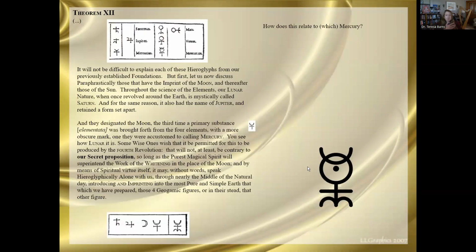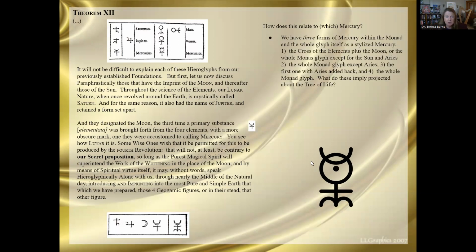Now, there are a bunch of Mercuries. So how does this relate to which Mercury? Because we've got 3 of them, and then we've got the whole monad. So basically we've got 4 of them. Follow my little pointer here, and you will see there is this one in the bottom of the first column. That's the cross of elements and the moon.